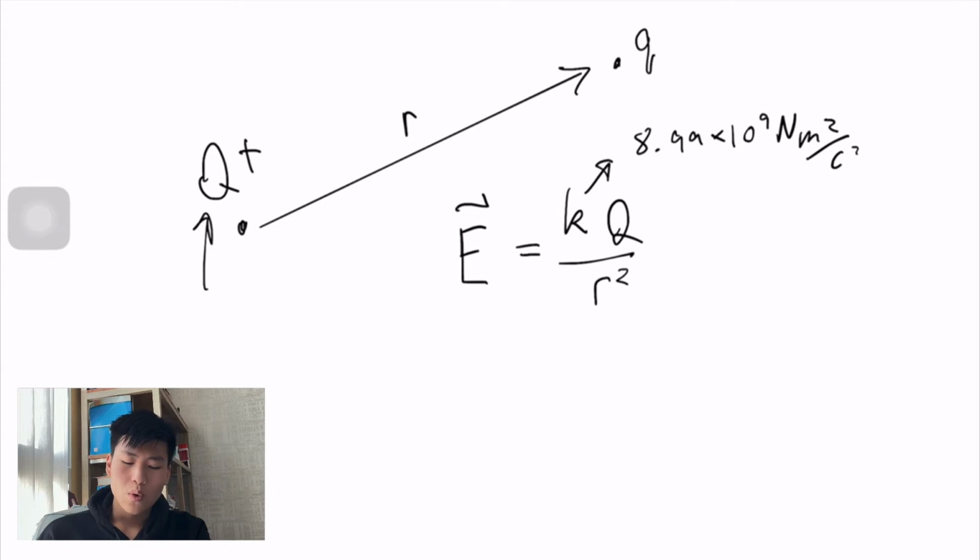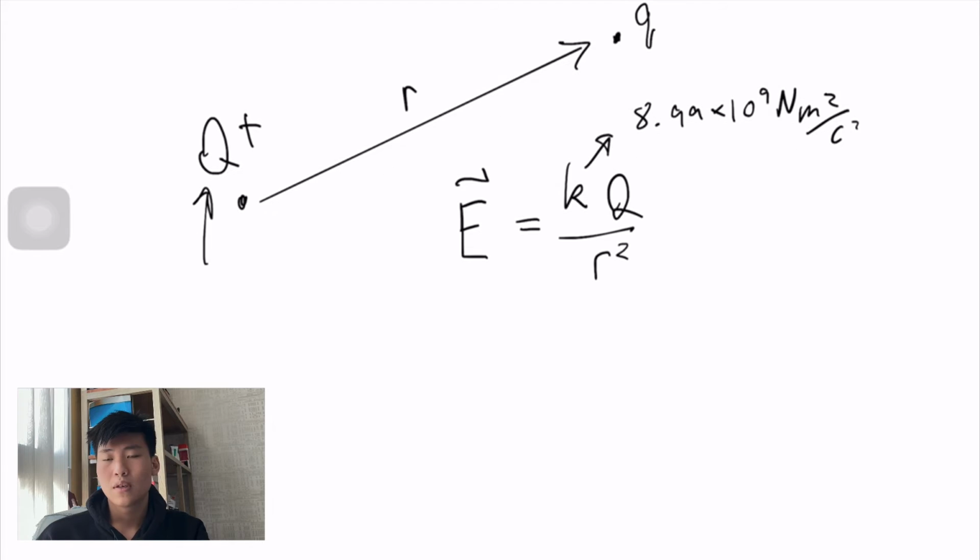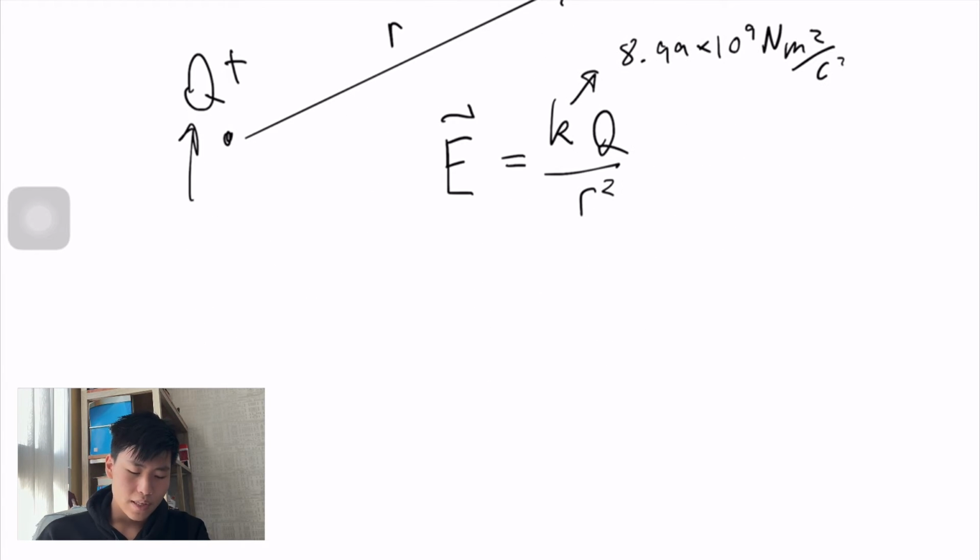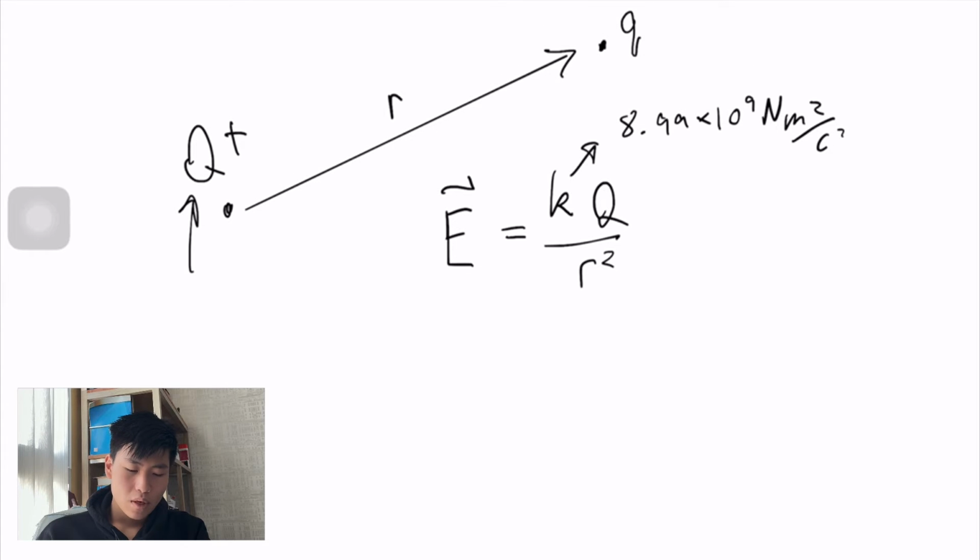So now we know that the E field exerted by big Q on the small q, at this position, is kQ over r squared. Now an easy way to recognize the direction of the E field is that it's the same direction as the electric force exerted on a positive charge.